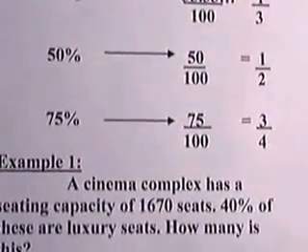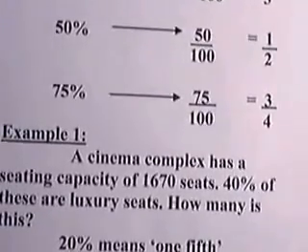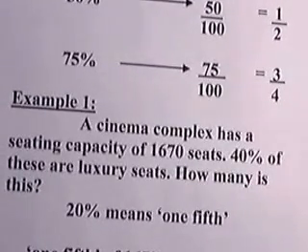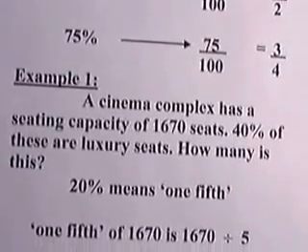Anyway, here's some final examples of how we use these fractions. If you know how to use these fractions, then it would make doing a non-calculator percentage question that much easier. Here's an example. A cinema complex has a seating capacity of 1,670 seats. 40% of these are luxury seats. How many is this? Well, I know that 20% means 1/5, and 1/5 of 1,670 is 1,670 divided by 5.